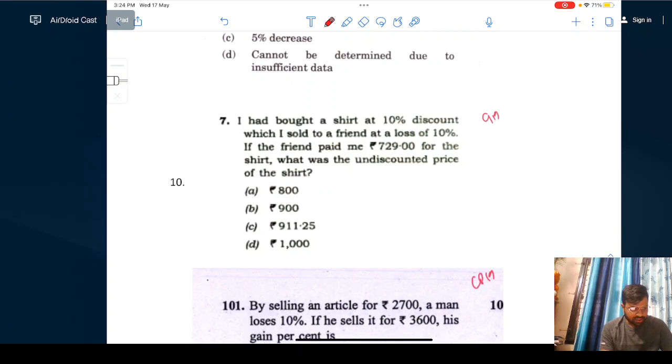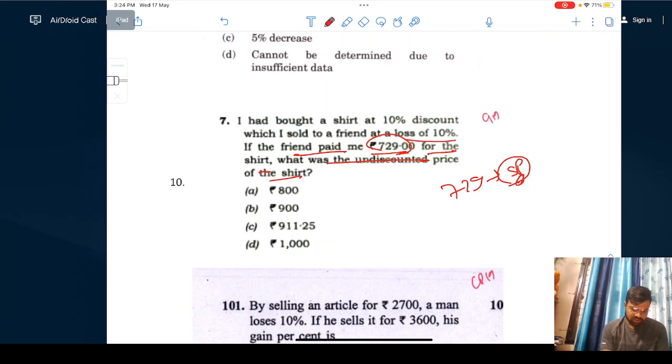I had bought a shirt at 10% discount, which I sold to a friend at 10% loss. If my friend paid me 729 rupees for the shirt, what was the undiscounted price of the shirt? Okay, this 729 is the selling price for the friend.